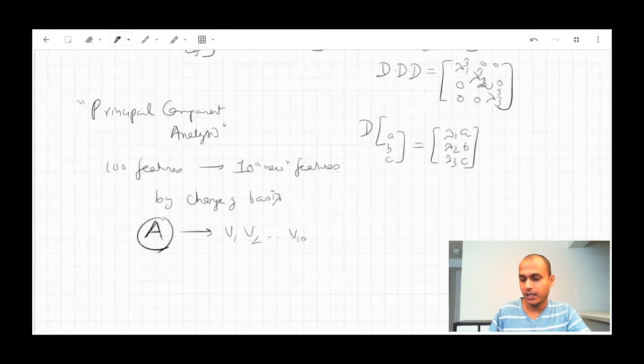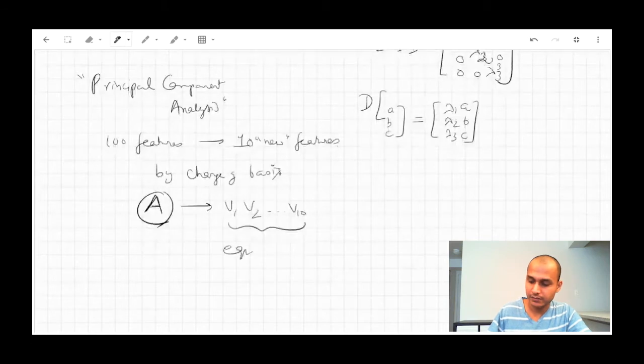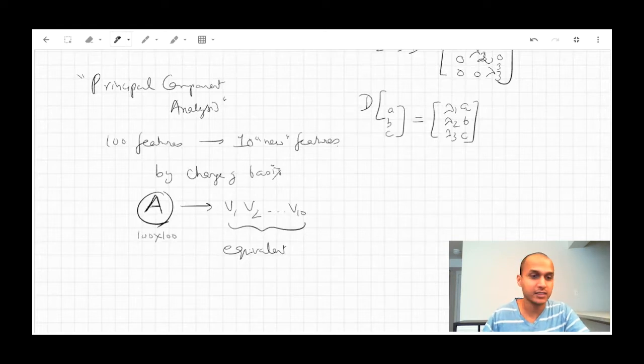Once you know these eigenvectors, you can get the equivalent representations. If there are 100 features, this matrix is going to be 100 cross 100, because it's the covariance matrix, so you will potentially have 100 eigenvectors.